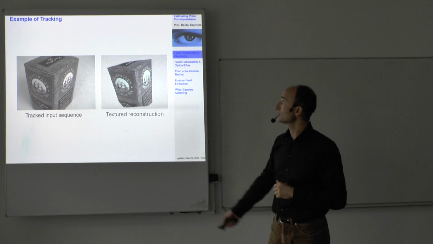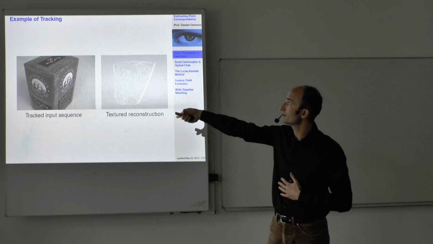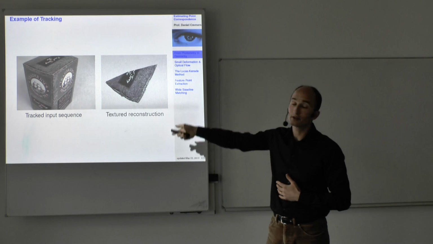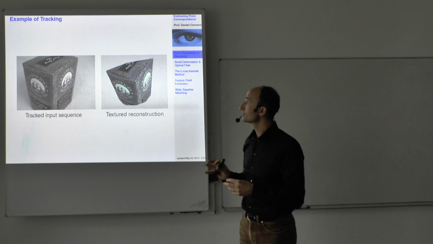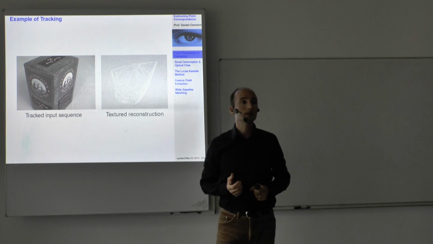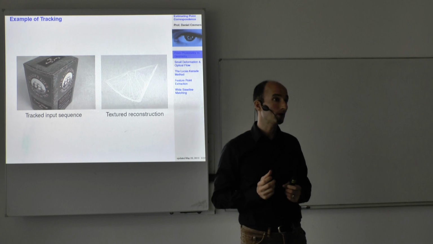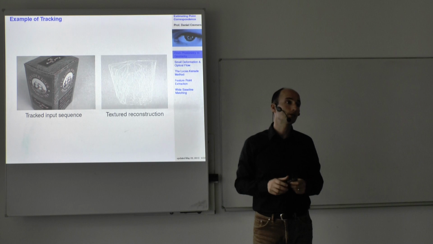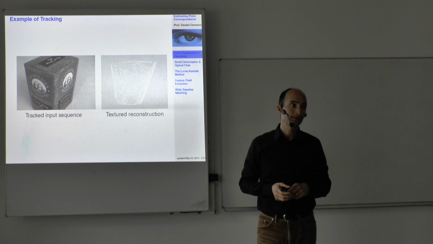Here's actually the sequence. On the left you see a set of images and how they are tracked. You see the motion is very small actually. So there is not a lot of motion. In fact, these techniques work very well in the so-called small displacement case, where you have little motion from one frame to the next.